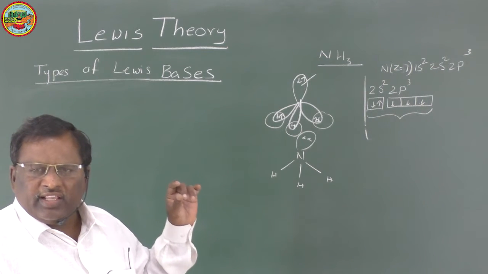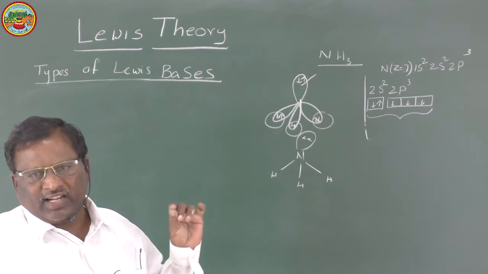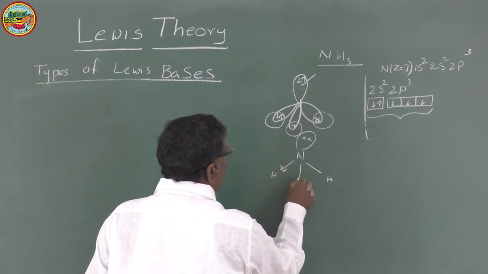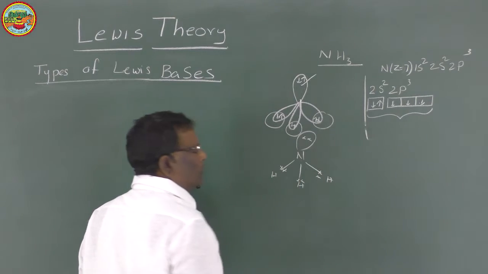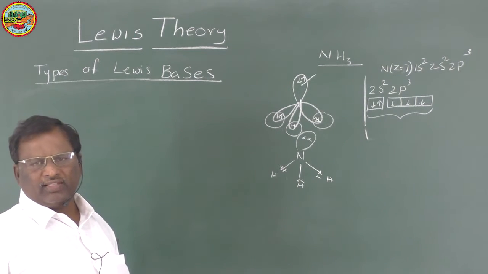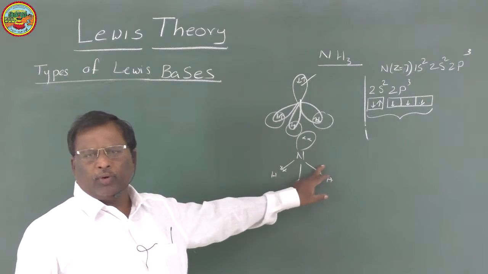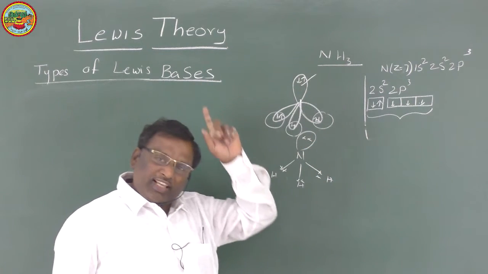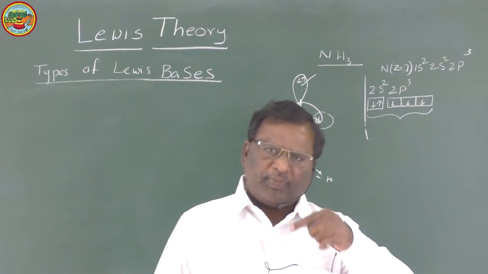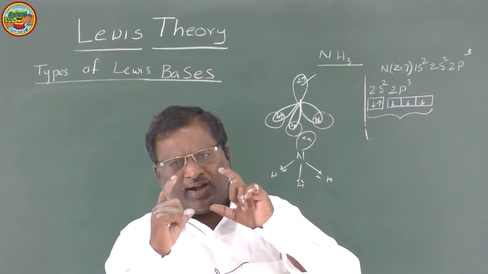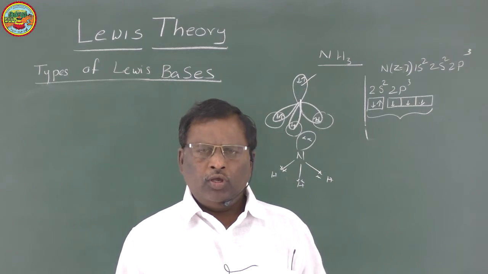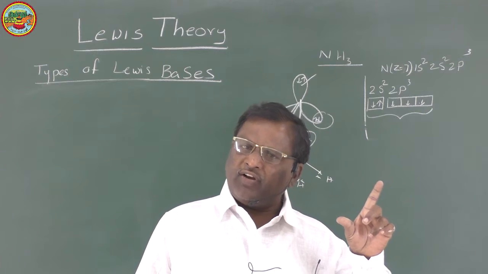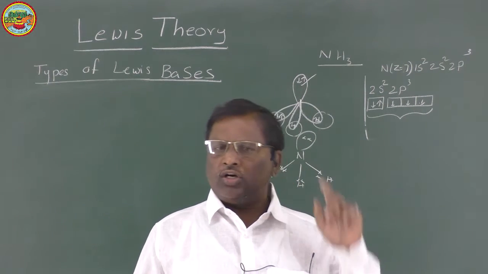Now in the NH3 molecule, the central atom nitrogen has 4 pairs of electrons, an octet configuration. Out of these 4 pairs, 3 pairs are involved in bonding and the other pair is not involved in bonding. Those electron pairs which are present in the valence shell of a central atom but not involved in bonding are said to be non-bonding pairs of electrons or lone pairs of electrons.